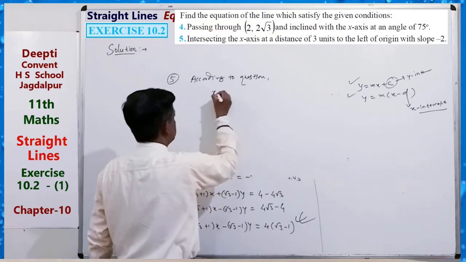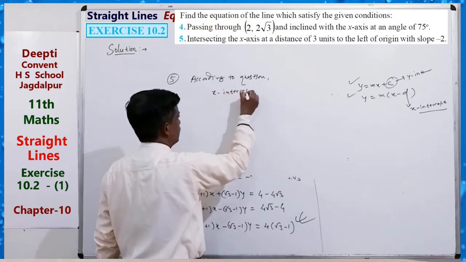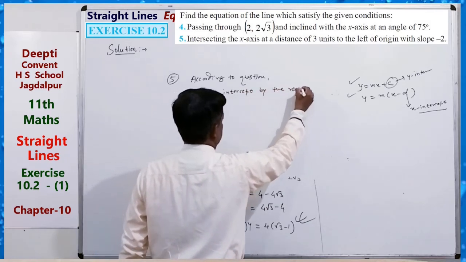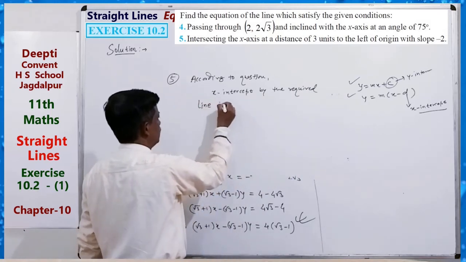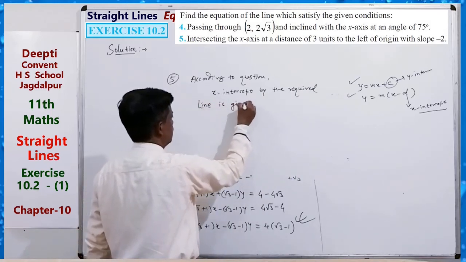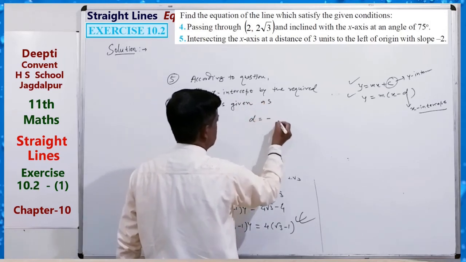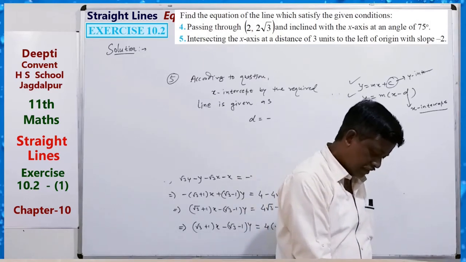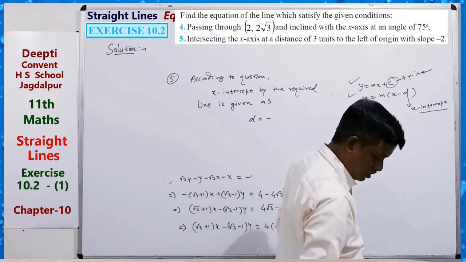The x intercept of the required line is given as d equals minus, intersecting the x-axis at a distance of 3 units to the left of the origin.